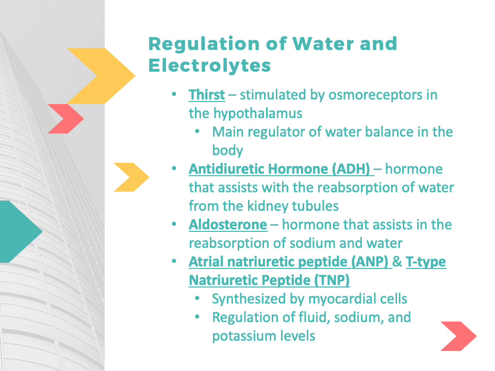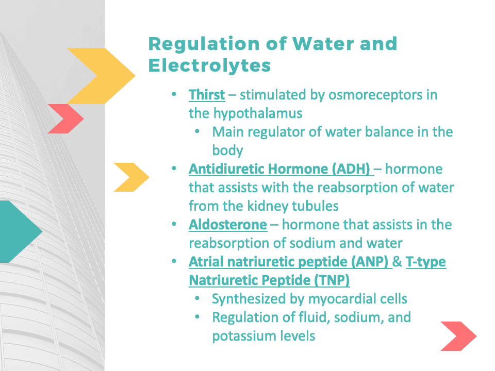We have atrial natriuretic peptide and T type natriuretic peptide. These are peptide molecules, proteins that are synthesized by myocardial cells, and it also helps with the regulation of sodium levels, potassium levels, and it also helps regulate fluid.